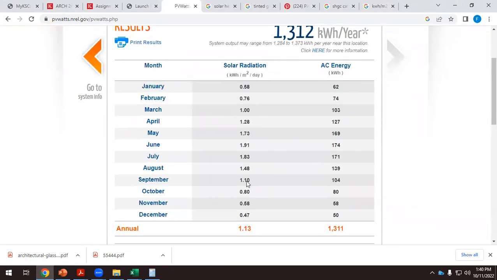It's 1 point something. Even from the north, we are getting some heat because natural light has a little amount of heat in it. It's not direct sun, but even with the north facade, we can get some solar radiation. Very little, 0.5 something.